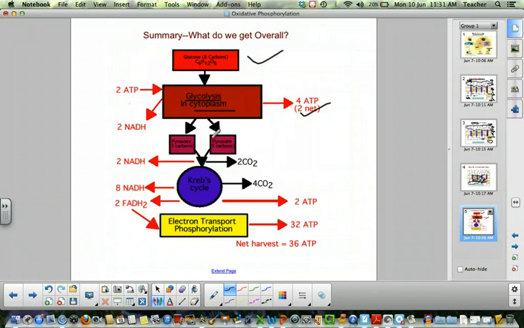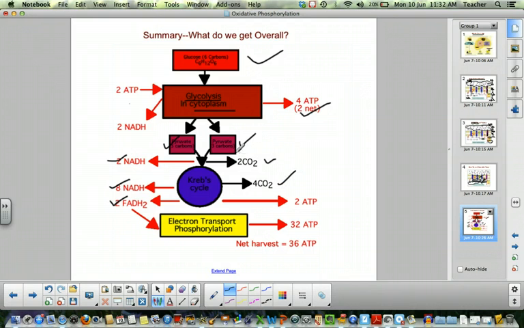We have from one glucose, we get 2 pyruvates, and those 2 pyruvates create a total of 2 more NADH in the conversion to acetyl-CoA, 8 NADH for 2 turns of the Krebs cycle, and 2 FADH2 for 2 turns of the Krebs cycle, along with 6 carbon dioxide molecules.